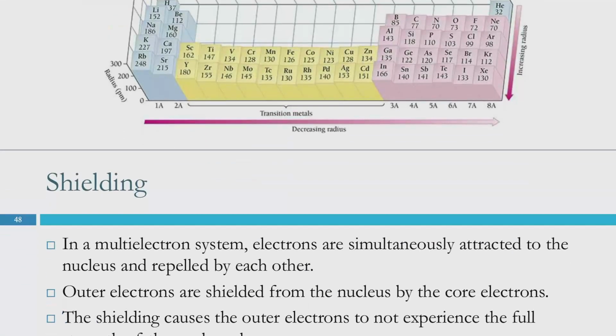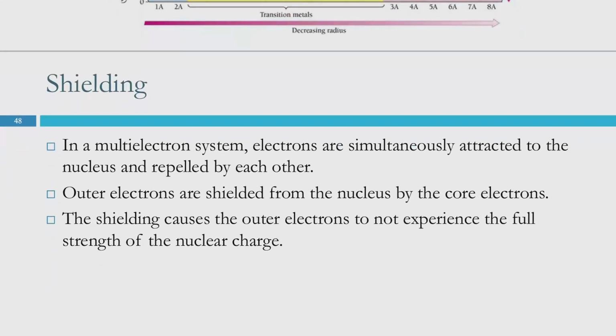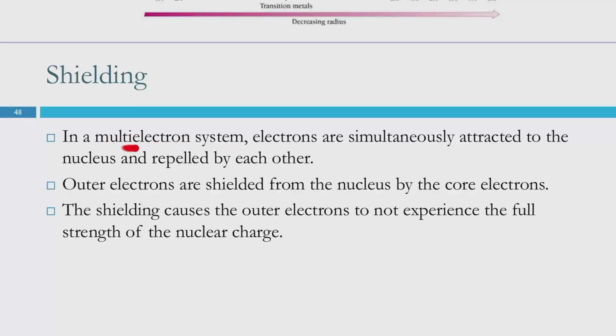So remember, we had talked about shielding a little bit at the start of the lecture. When we've got multi-electron systems, electrons are attracted to the nucleus. They're also repelled by each other. Our outer or valence electrons are shielded from the nucleus by the core electrons.